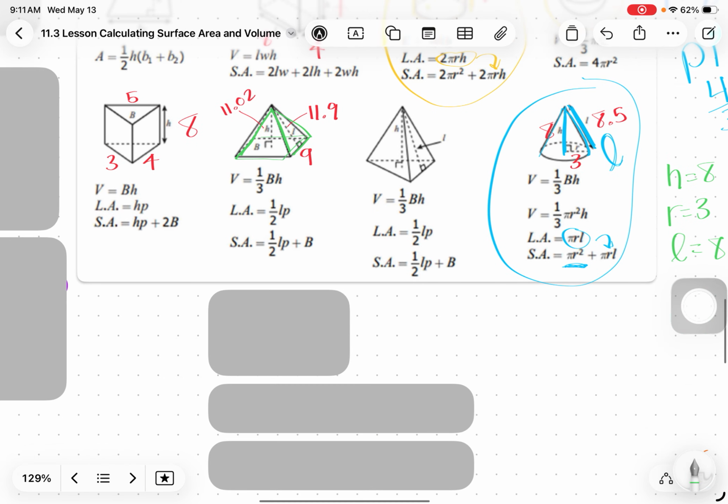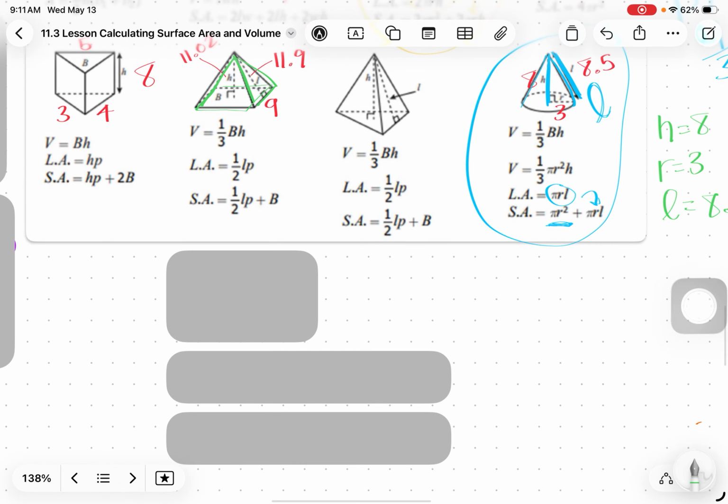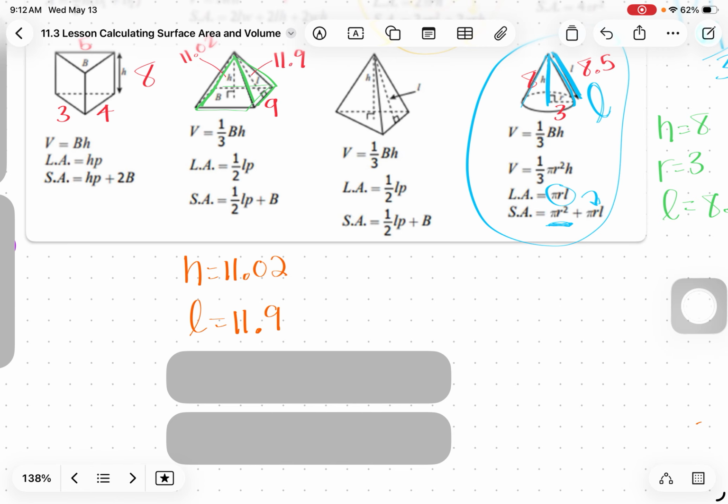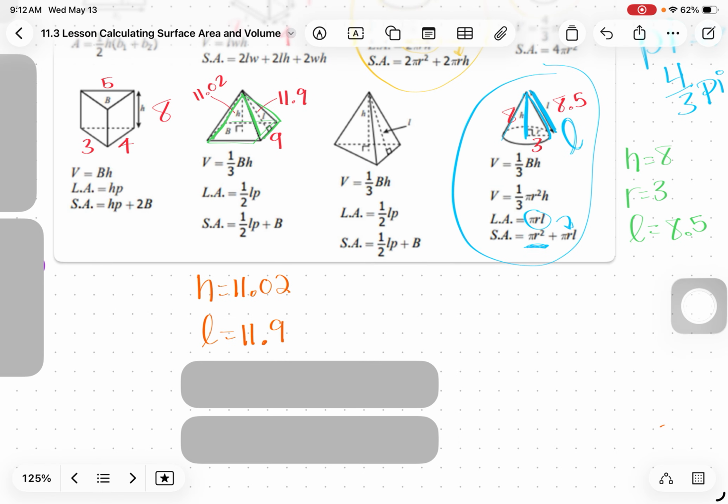And then we'll introduce a new letter, which is lowercase p. So we know the height of this pyramid straight up and down. We know the slant height. It has a slant height like a cone. L, we're given that here. And then I'm giving you the length of one of these sides here is 9.